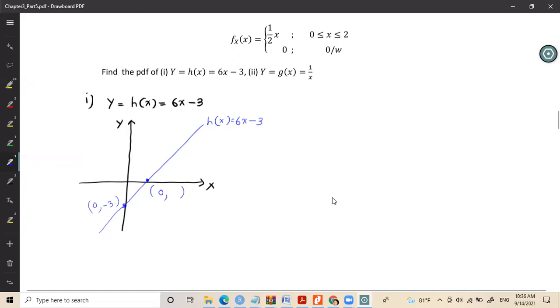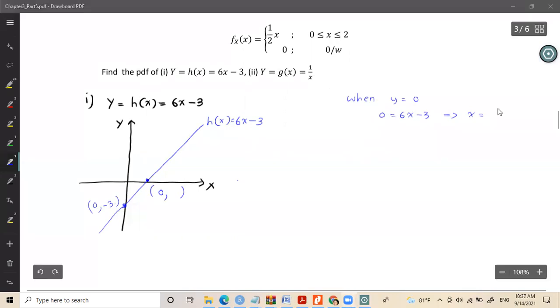When y is 0, so what is x? Yes, thanks. It will be 1/2. So you can easily find that.